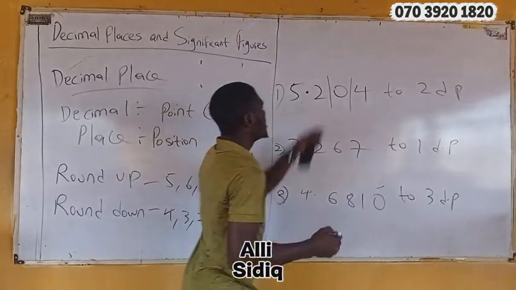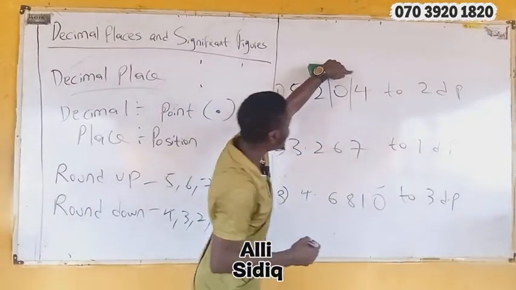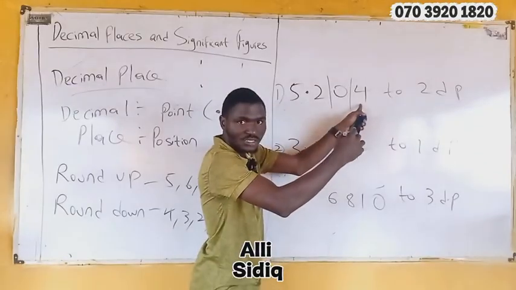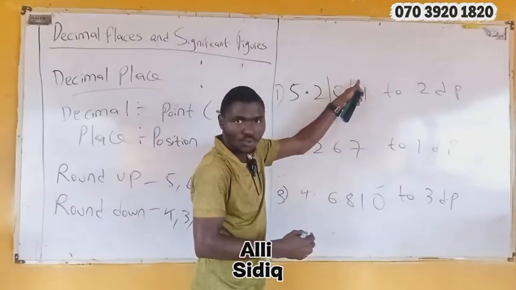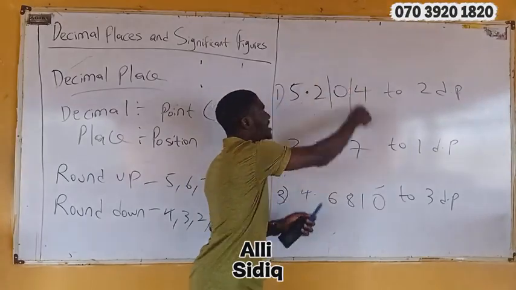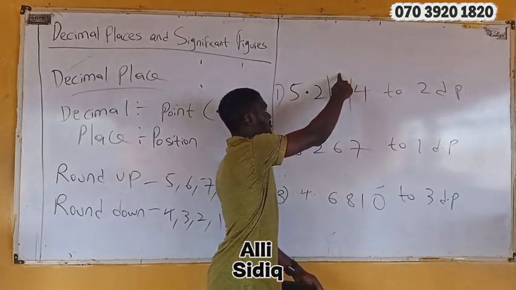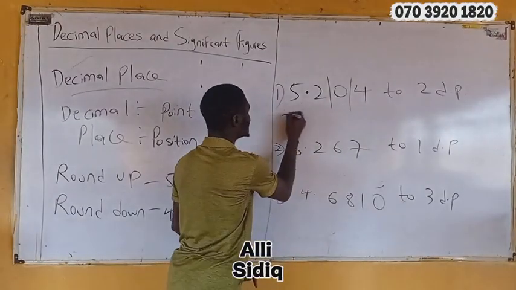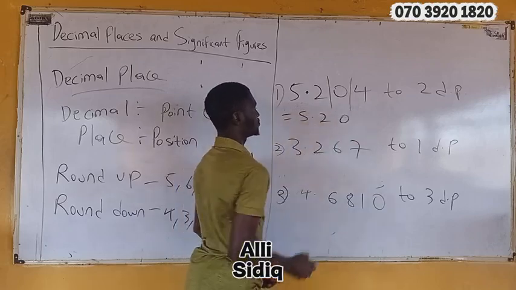Because I have 4 at the right part of my boundary, I will round down. It means I cannot add anything. But if I have 5 and above, I will add +1. So my answer to 2 decimal places will be 5.20.